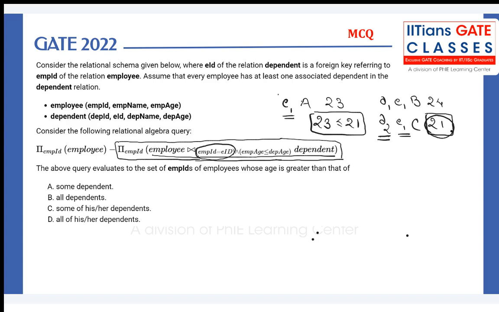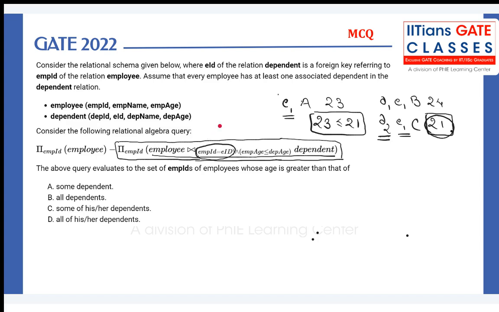Okay. So if you are getting those employees which have at least one dependent with age less than or equal to the age of the dependent, and you exclude that part, what do you get?